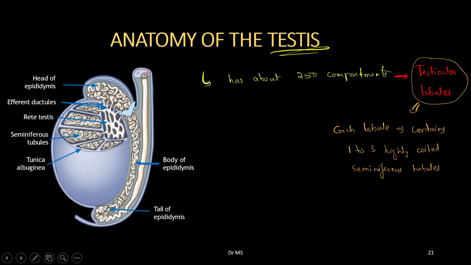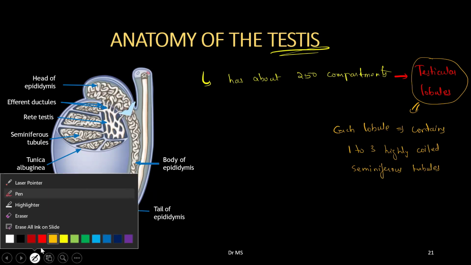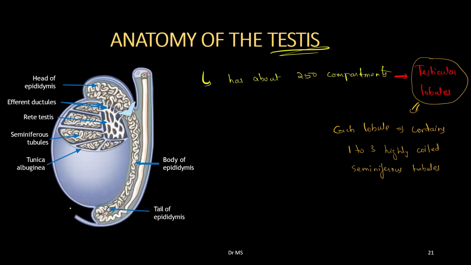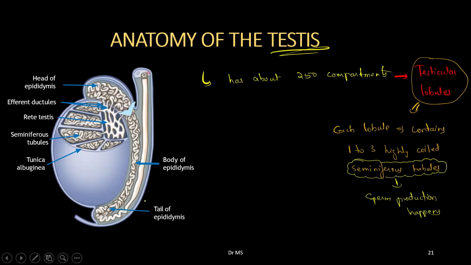So in the testis, where exactly does sperm production happen? It happens inside the seminiferous tubules. Remember this. Here, sperm production happens. Clear? Yes, sir.